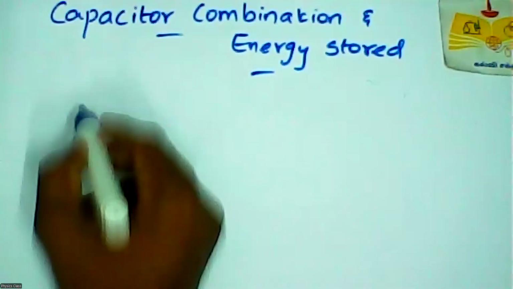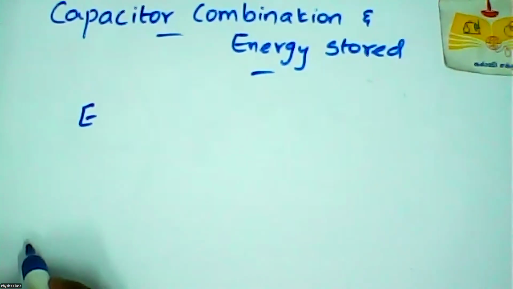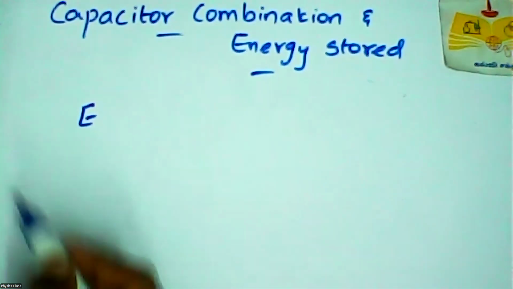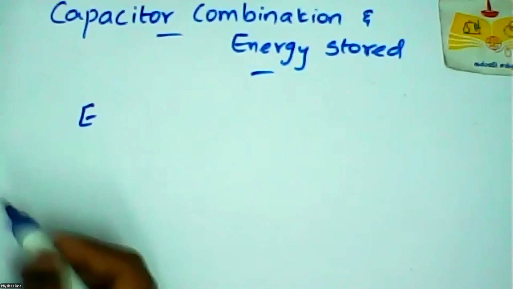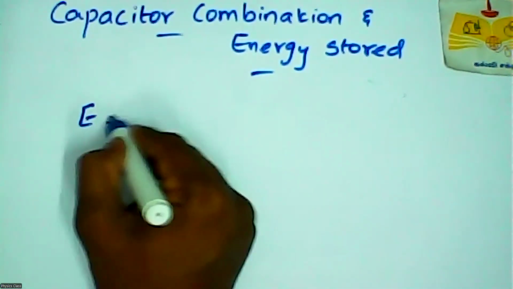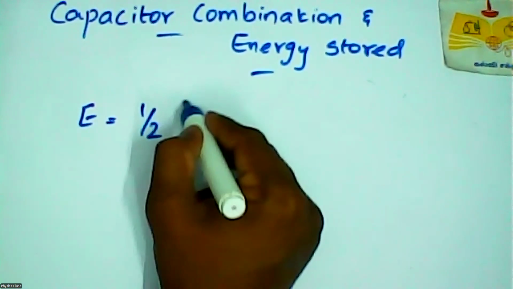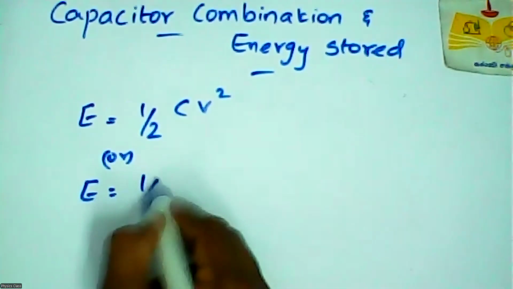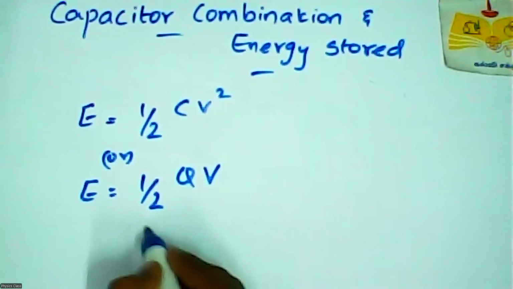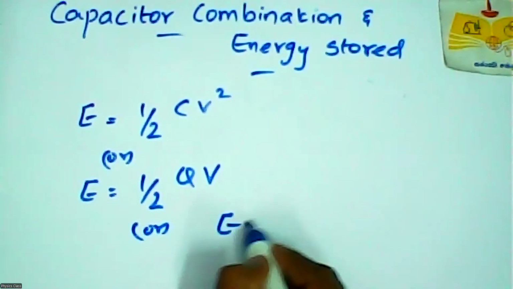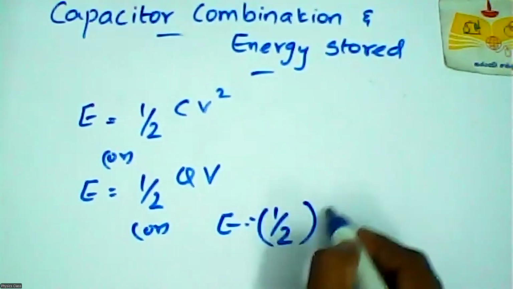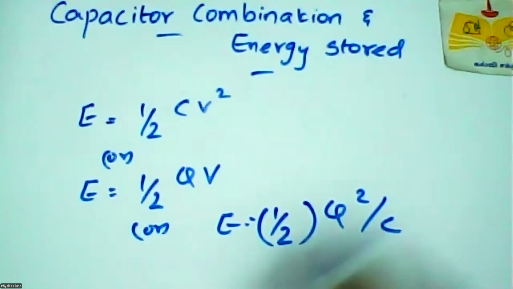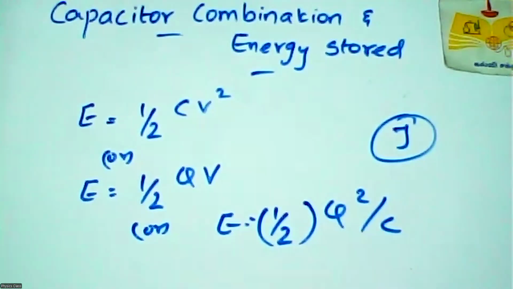The amount of energy stored can be calculated using any one of three formulas. For example, E is equal to 1 by 2 CV square, or E is equal to 1 by 2 QV, or E is equal to 1 by 2 Q square by C. The unit for energy is joule. Okay, right. Clear?